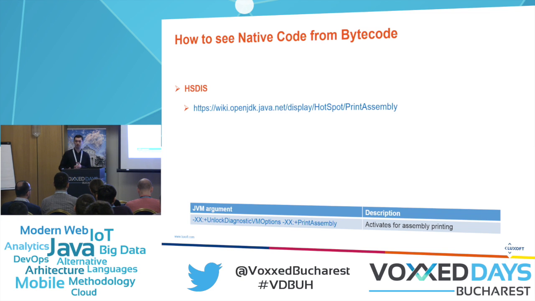Right after that, we are able to see the native code that is dumped. By default, HotSpot doesn't have such a possibility. More than that, we have to launch the JVM with UnlockDiagnosticVMOptions and PrintAssembly.